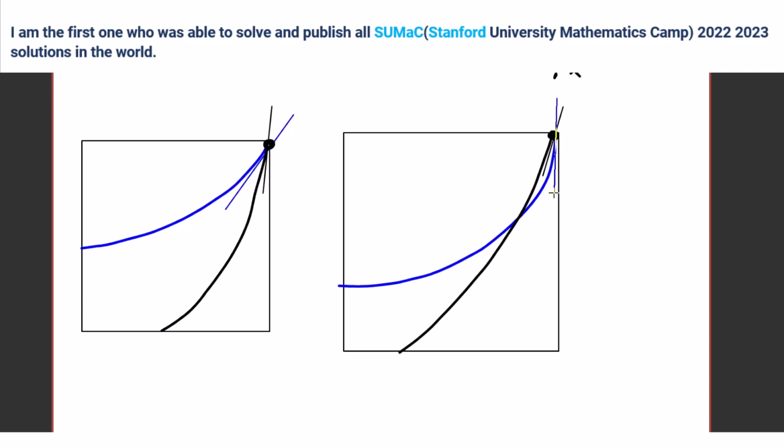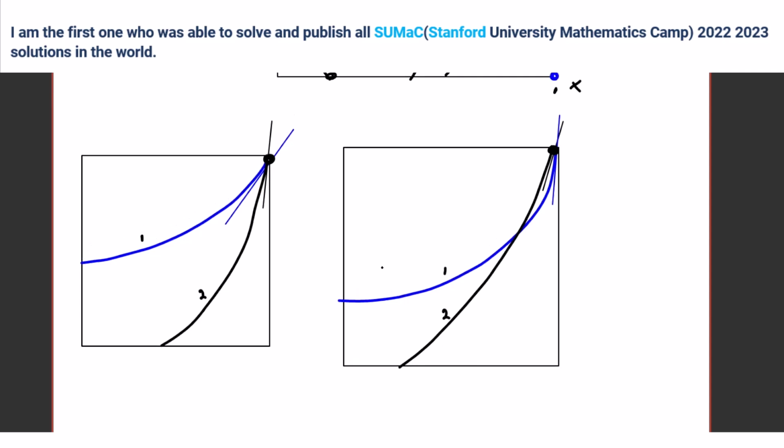So what's the difference between these two things? Whether the black derivative is greater or the blue derivative is greater. For example, the blue one is one, the black one is the second one. So what's the difference of these two figures with respect to derivatives?